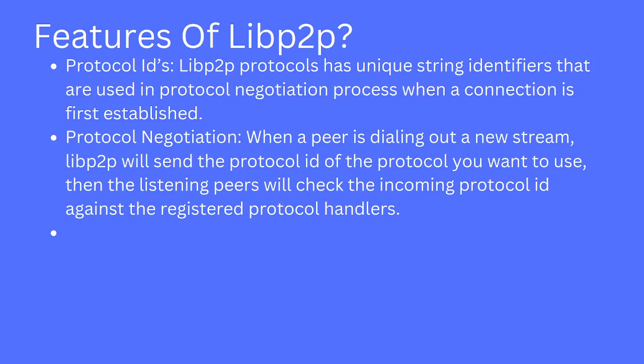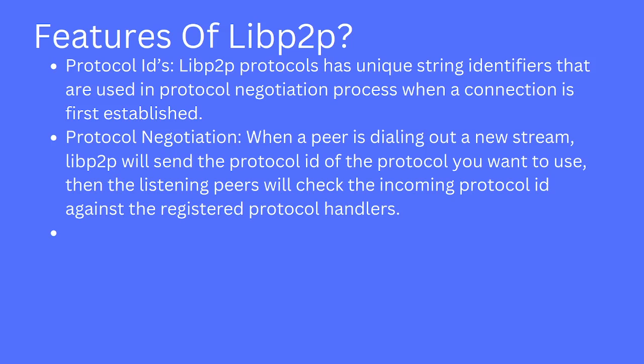So whenever, like we said in protocol ID, a peer is dialing out a new stream, Libp2p, this library, has features that enable us to send the protocol ID of the protocol you want to use.